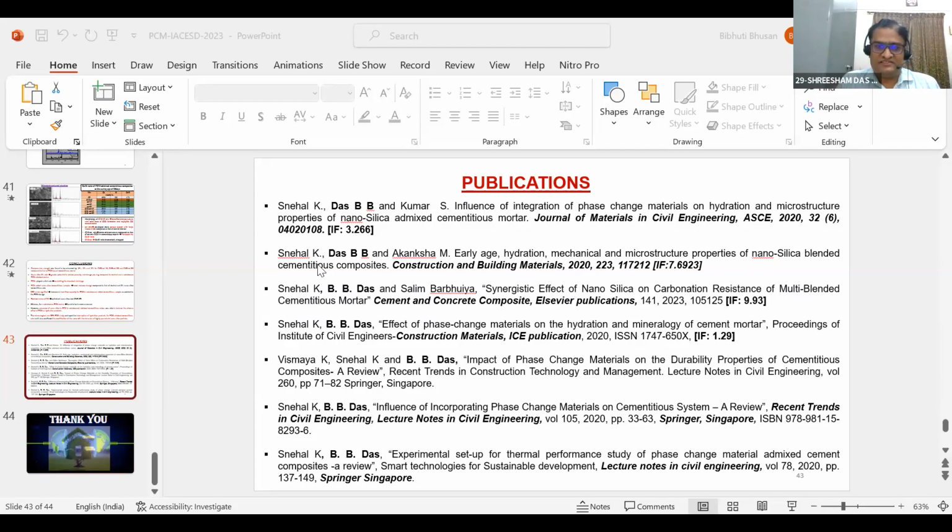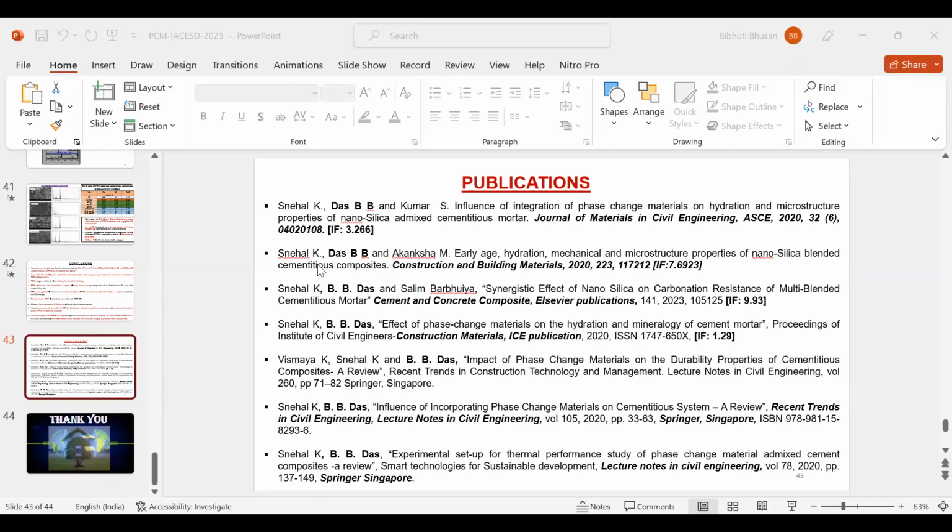You don't need much compressive strength. So accordingly you design it, depending on your requirements of thermal conductivity. Particularly for me, my benchmark has to be 35 megapascal.